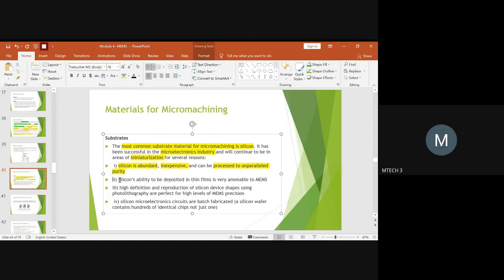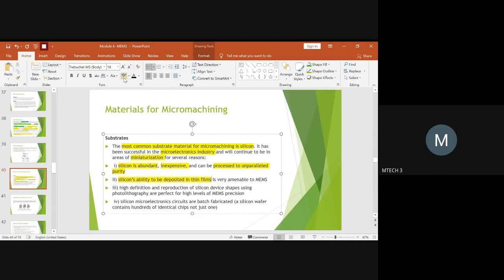Secondly, what is its functionality? Silicon provides an ability to deposit thin films in an easy way. Sometimes the material should support, right? If you apply a layer of thin film and you don't have proper adhesiveness or proper contact between the two layers, and it dismantles easily, then you cannot claim that silicon is the best substrate.